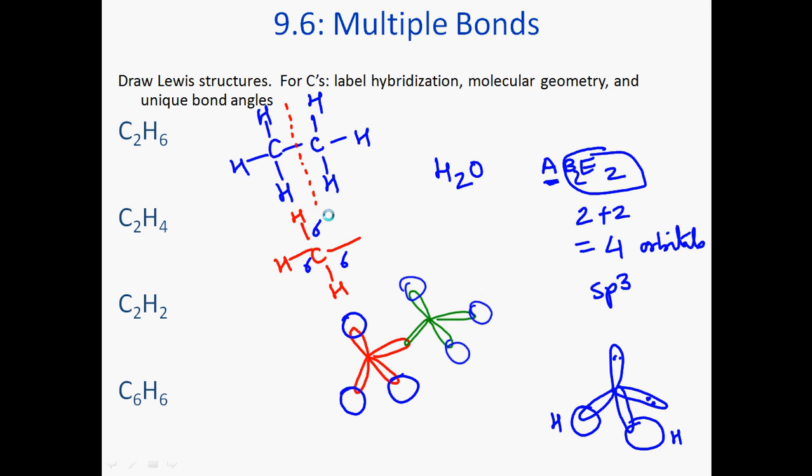So this bond here is formed by an sp3 overlap. This bond is formed by sp3s overlap, this is formed by sp3s overlap, and this is formed by sp3s overlap as well.